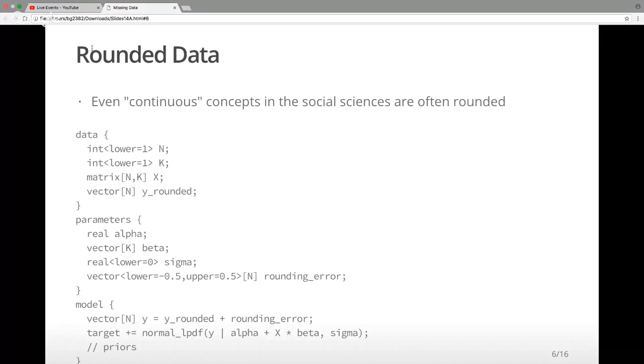So again, it's pretty simple to overcome the effects of rounding to the nearest integer using a Stan program.